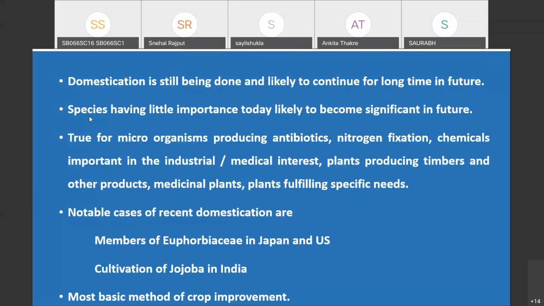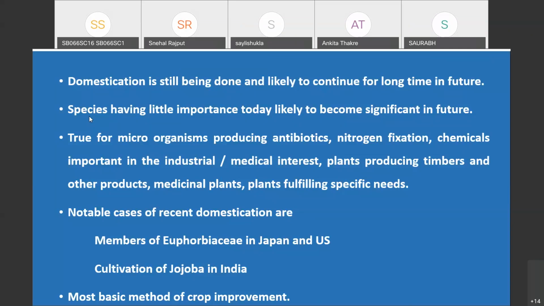Okay, these are the notable cases of recent domestication in Japan, US, and India. Several species of the Euphorbiaceae were domesticated in Japan and US for the latex, from which different petroleum products can be extracted.